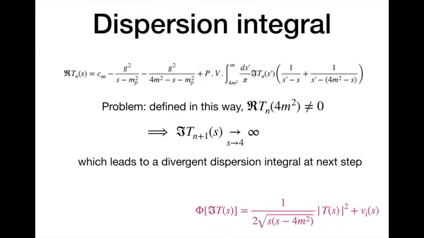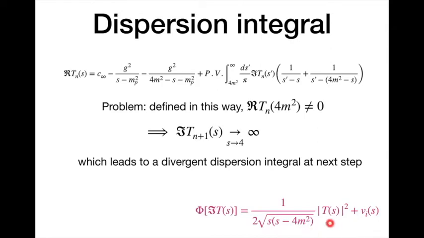So one problem is that if you just write the dispersion relation like this, though before I was writing T, and now I'm writing the real part explicitly, so that's a principal value integral. It's just the same thing. The problem is that at 4m squared, written as it is, that object does not vanish. And that's a problem because it creates then an object, it creates Im T at n+1, which will blow up around 4 because of this inverse factor.